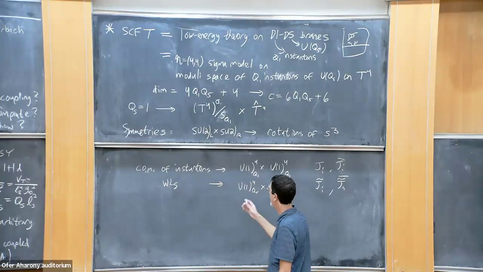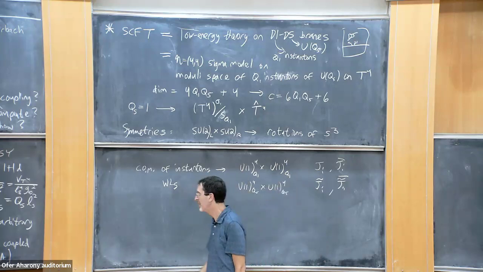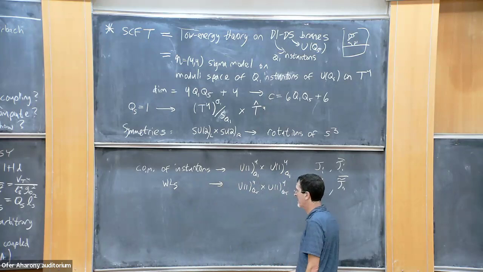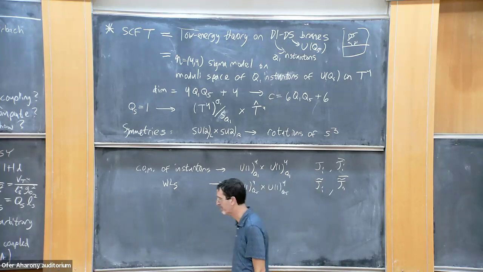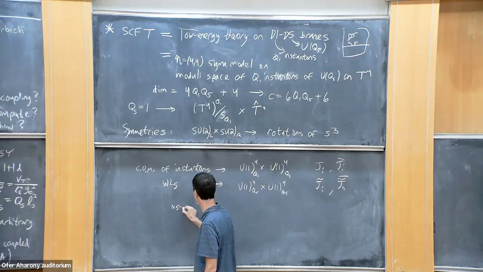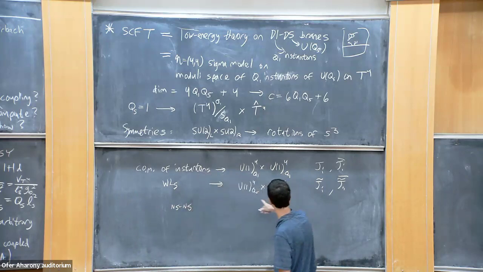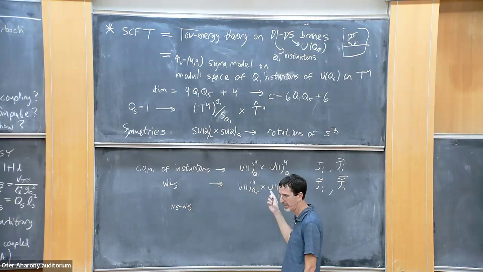Now we can ask where these symmetries show up on the gravity side, and we can easily see them coming out of type 2 supergravity. In the NS-NS description, we are supposed to see on the gravity side that we have 16 U(1) gauge fields.